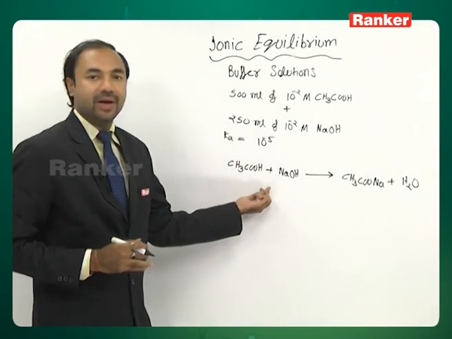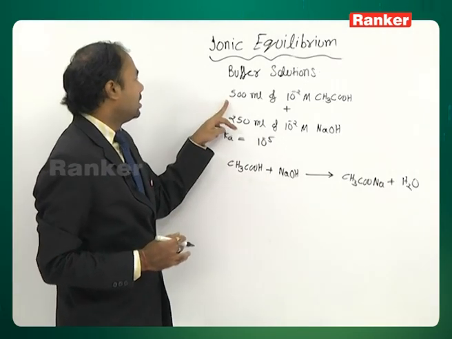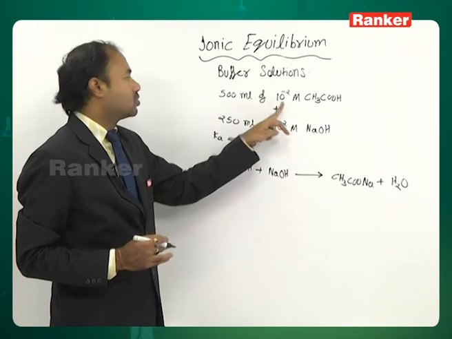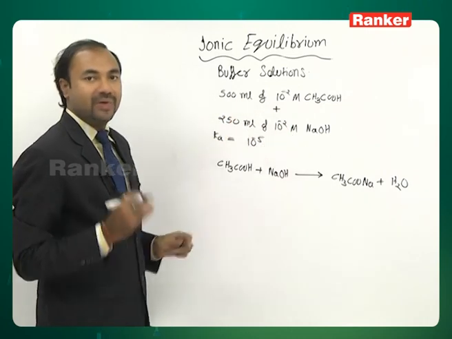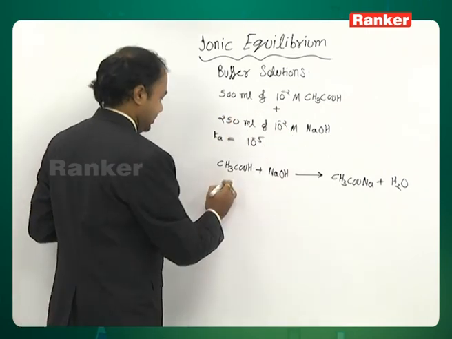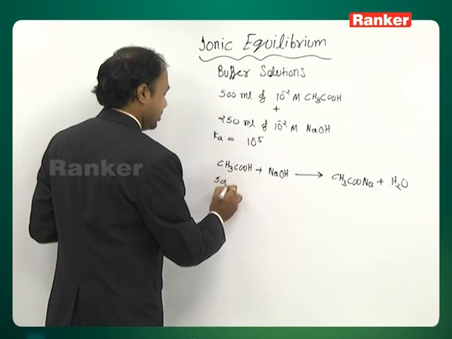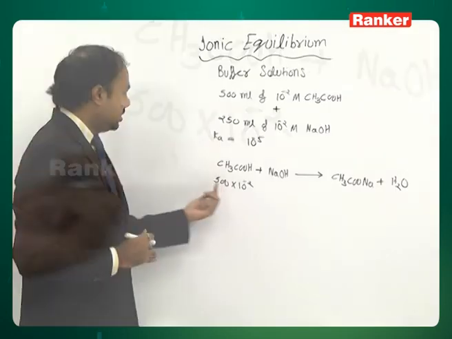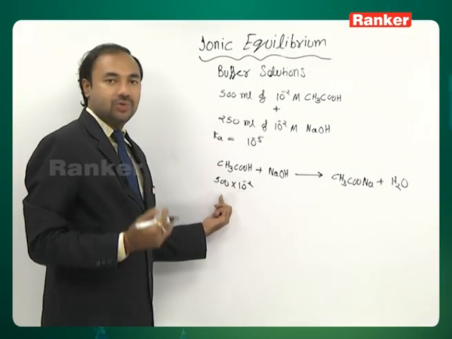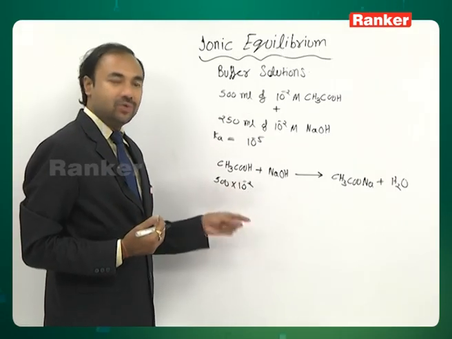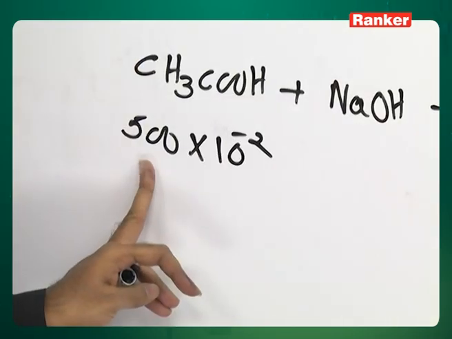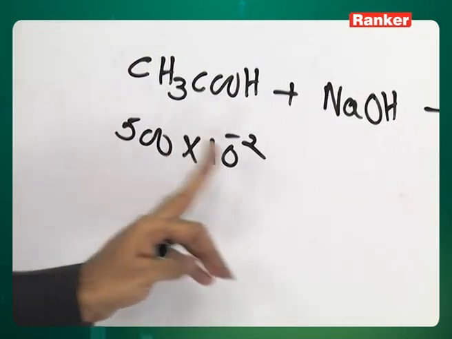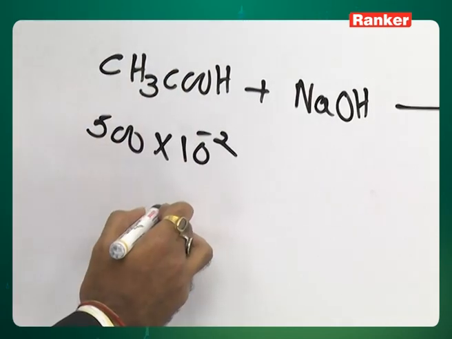Now, we calculate number of millimoles or moles. This is 500 ml, 10 to minus 2 molar. You multiply both of them, we get millimoles of acetic acid, which will be 500 into 10 to power minus 2, right? Molarity into volume gives you number of moles, and if you take volume in milliliters, you get millimoles. So we get millimoles of acetic acid as 5.